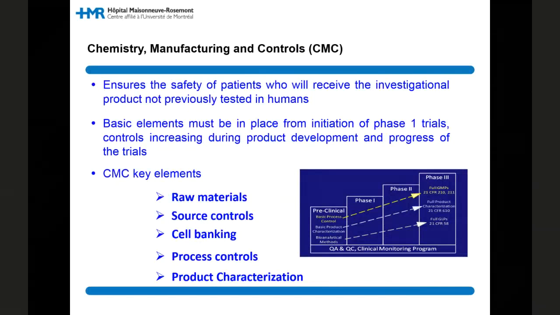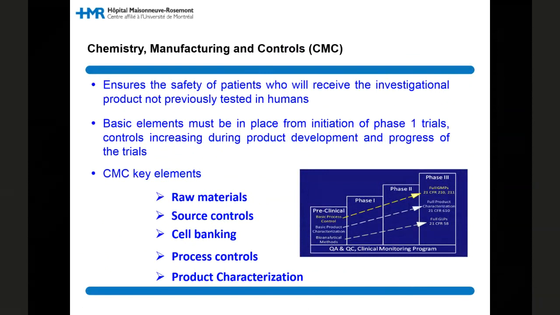So in going through the chemistry, manufacturing, and control, which is an essential element of your clinical trial application, I indicated that this is really what they're looking for: safety, especially if the product has never been tested in humans. You have to have control over the different elements.